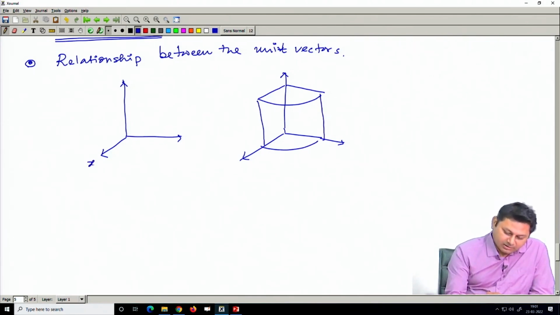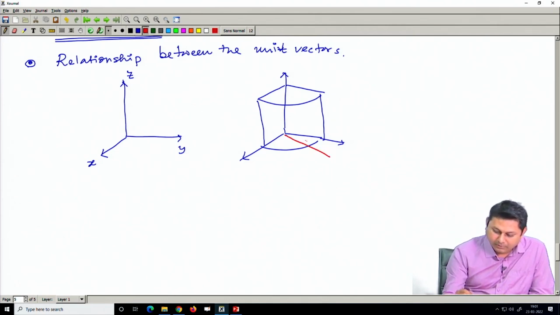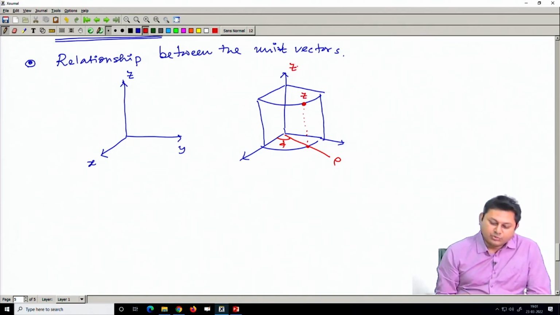So, this is x, y, z, and this system is basically rho, phi, z, where this is rho, this angle is phi, and if I move and say this, I am talking about this point. So, this is along this direction z. So, this is z as usual, but rho and phi are defined in a slightly different way.